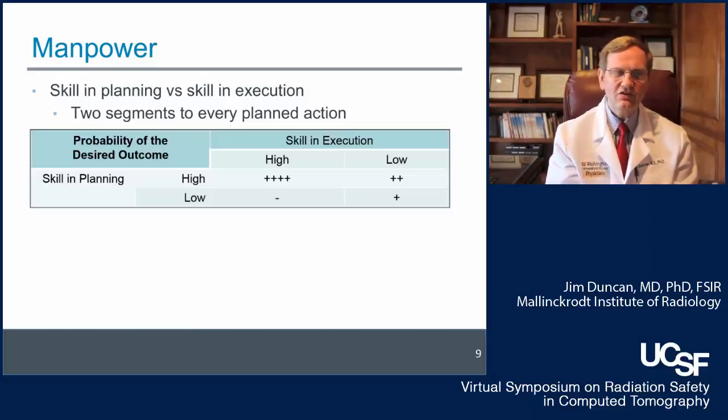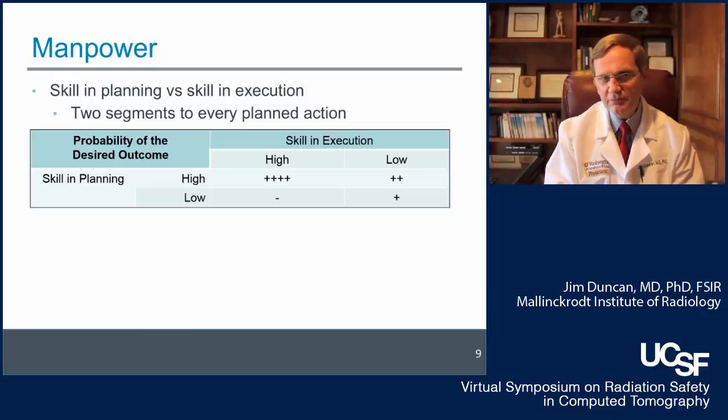And while we get so good at these sequences that they seem all to run together, there still are micro steps of planning and execution, even in what seems to be a smooth series of events. So manpower also allows me to talk a little bit about skill in planning versus execution, because psychologists would tell us that every voluntary action has both a planning and an execution phase.